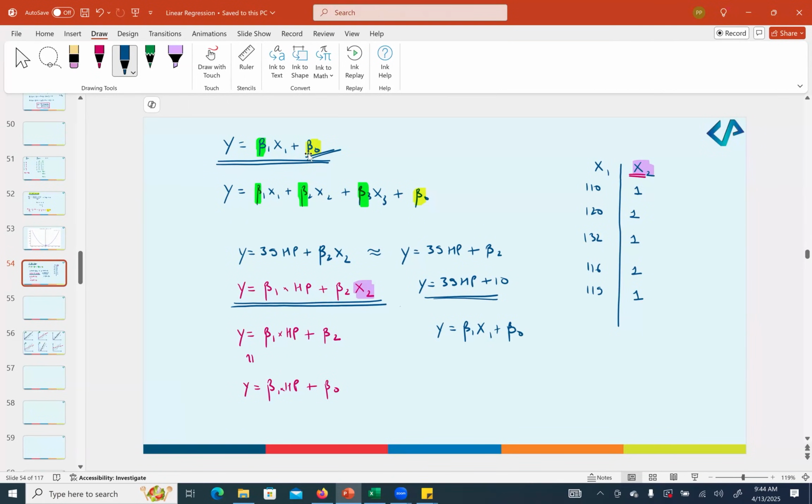I'm creating one more variable x2, which is one everywhere. So my equation will look something like this: Y is equal to 39 horsepower plus, let's say, beta 2 x2. But because x2 is 1 everywhere, I will get y is equal to 39 horsepower plus beta 2, which is a constant, right? So it will be the same as beta naught. This beta 2 will become beta naught.